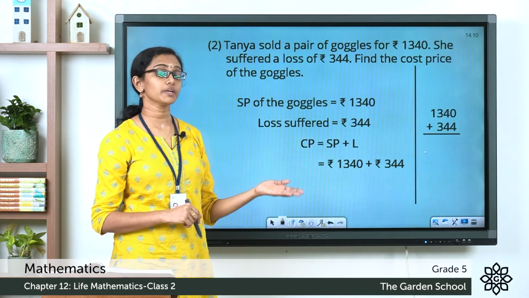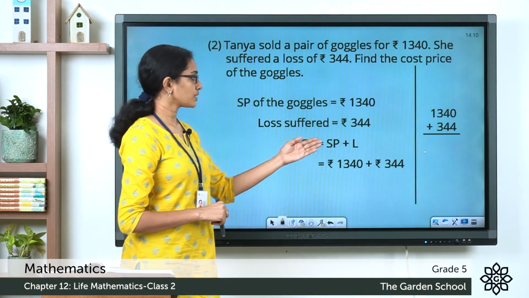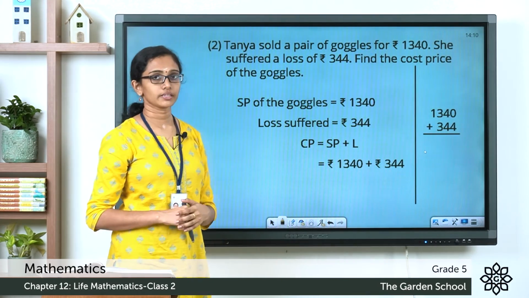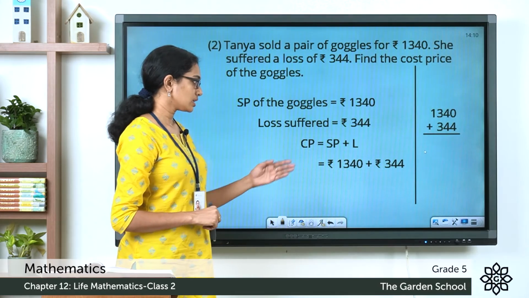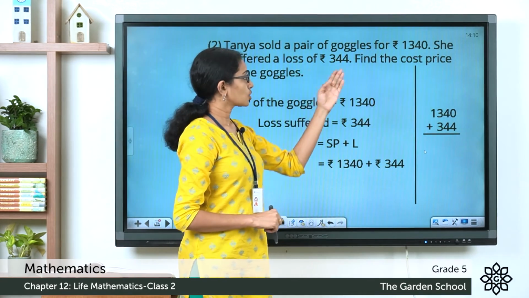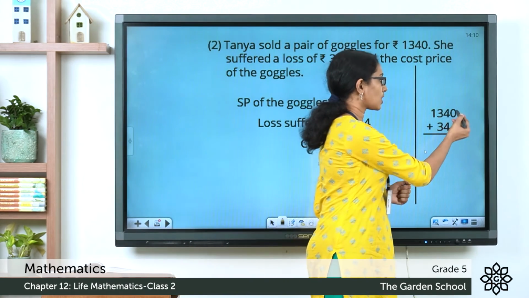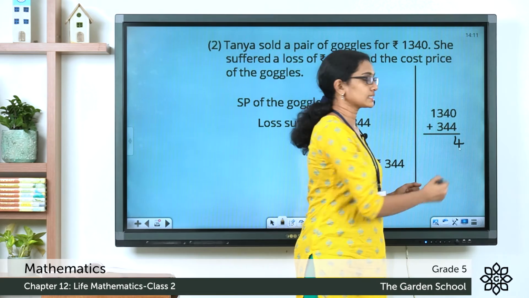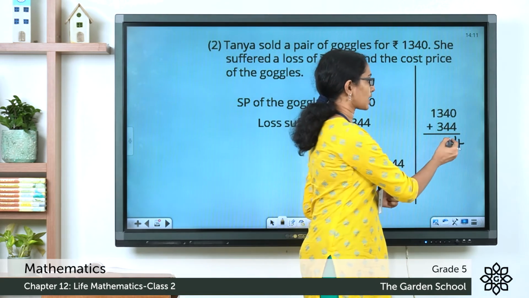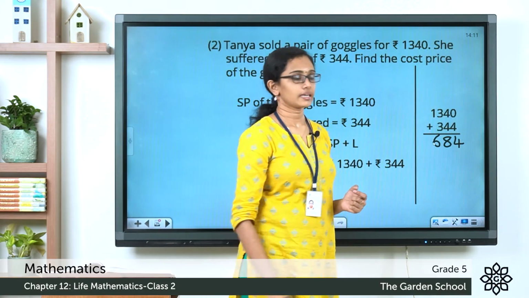The cost price should be more than the selling price for her to suffer a loss. So we added the loss to the selling price. Substituting the amounts here, it is equal to rupees 1340 plus rupees 344. So let's do the addition in the working column. 0 plus 4 is 4, 4 plus 4 is 8, 3 plus 3 is 6, then 1 here.